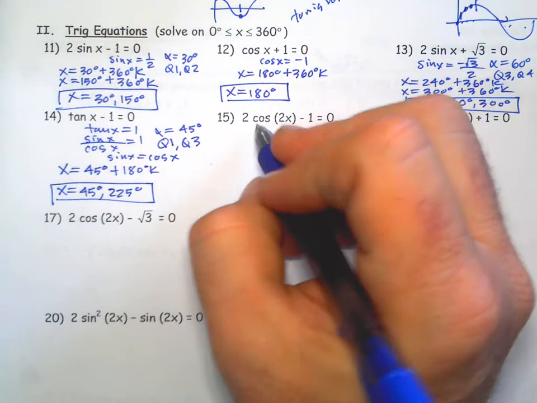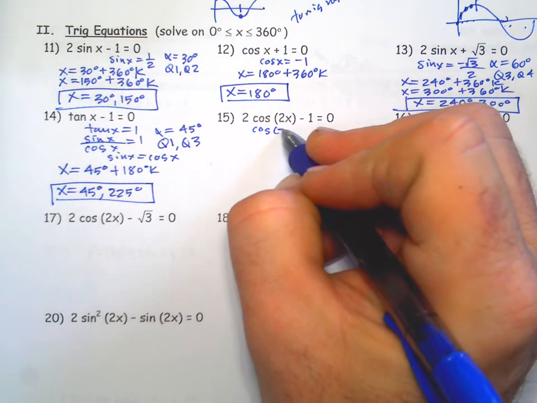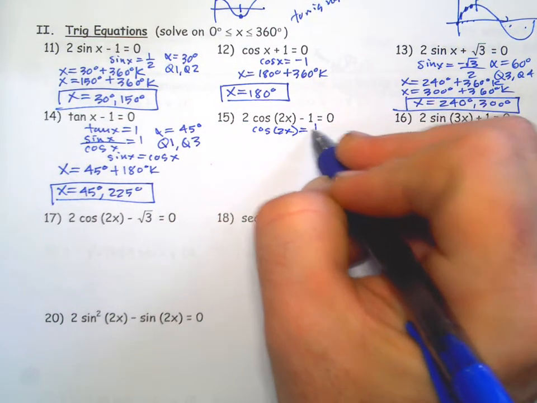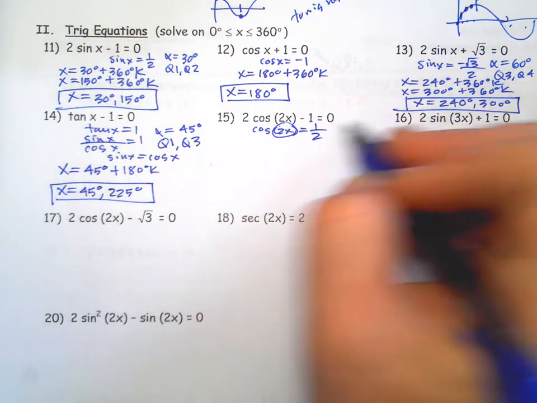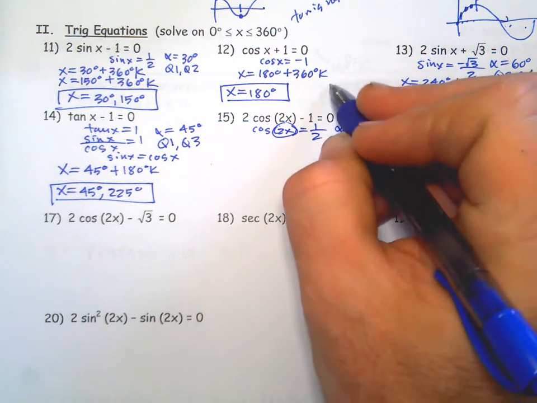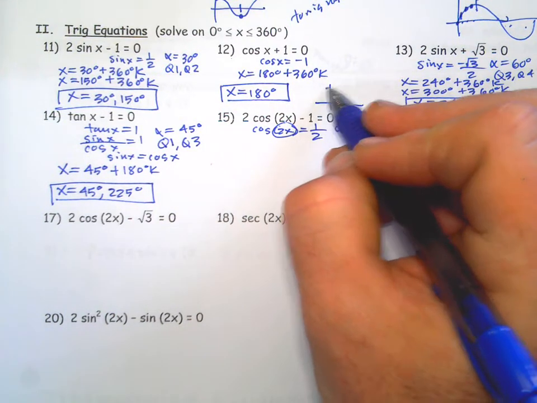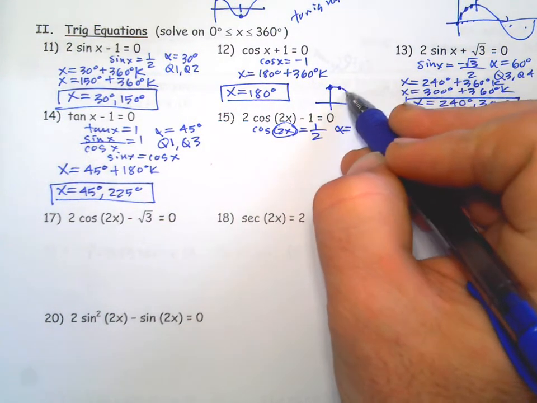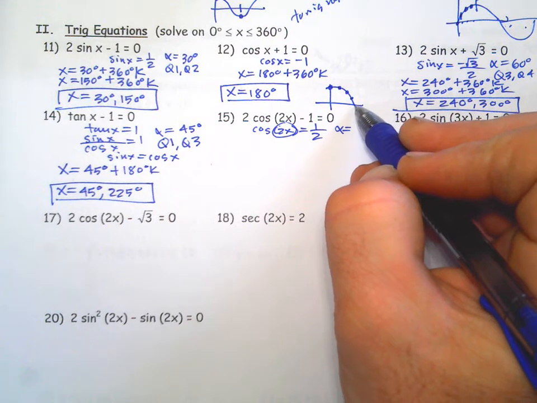Okay, this one, cosine 2x, these are getting a little harder. They have stuff inside of them. I ignore the stuff inside and just isolate the trig. Reference angle, cosine goes like this. So 0, root 3 over 2, root 2 over 2, 1/2, and 0.